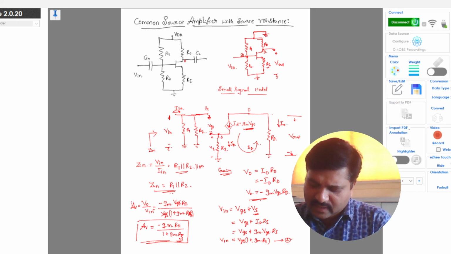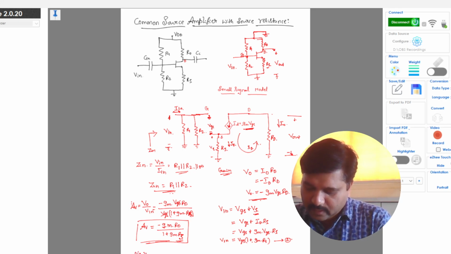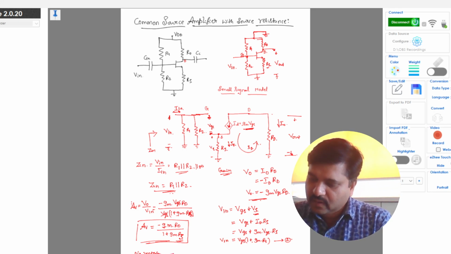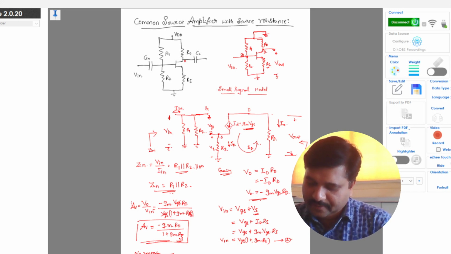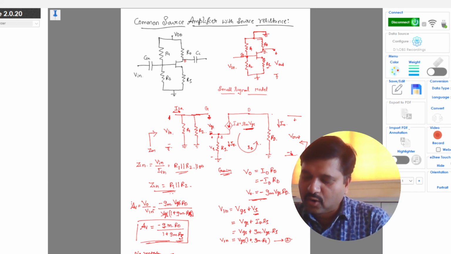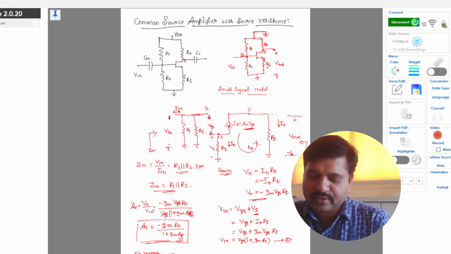Okay, considering the output impedance Z0, which is nothing but the impedance seen with respect to output voltage from here to here. When we are considering the output impedance, the Thevenin's equivalent impedance between these two terminals, we short all the voltage sources, and here we short the input voltage.